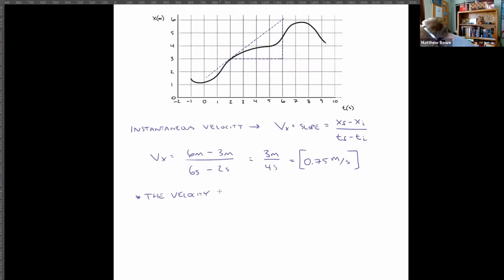The velocity is the greatest where the slope is the steepest.